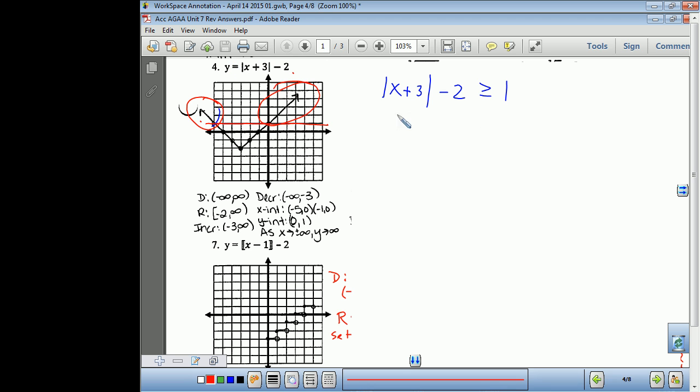But if you did not have a graph, the way you would solve it is move everything over to the other side. Now if all of this in here was greater than 3, would this be a true statement? So this needs to be greater than 3. Or what if all of this in here was less than negative 3? It would be true, because the next thing you do is take the absolute value.